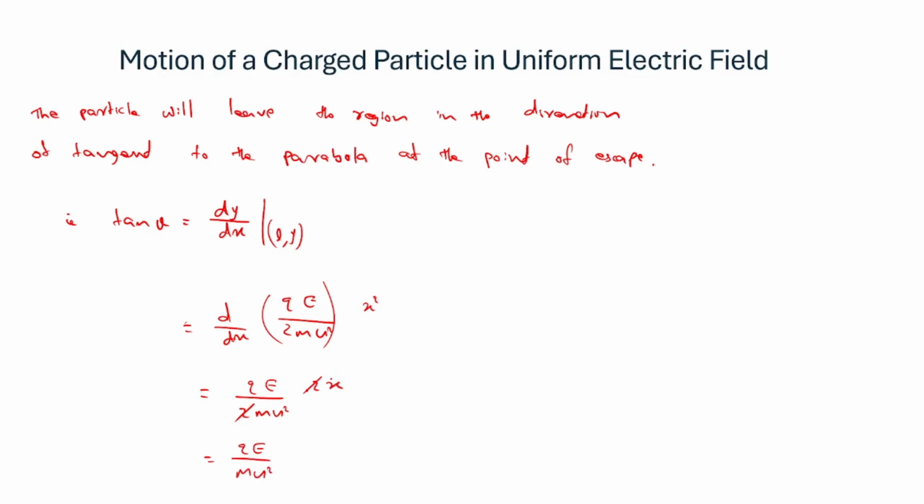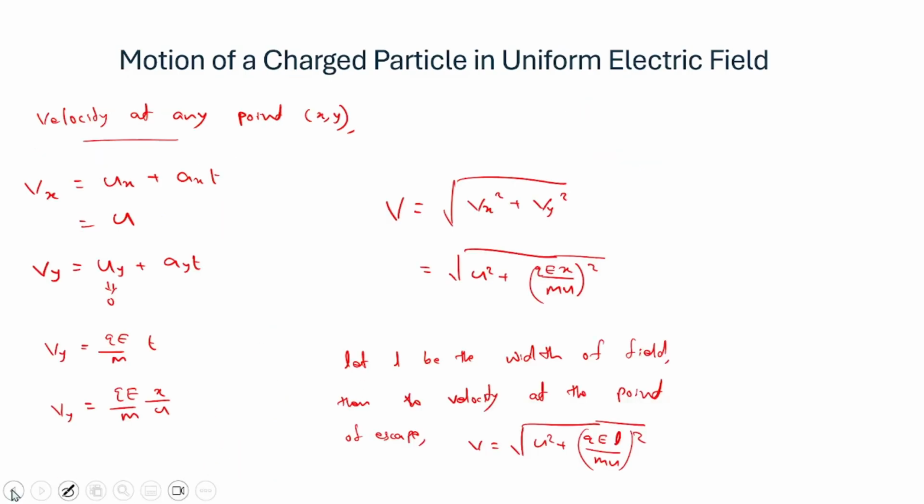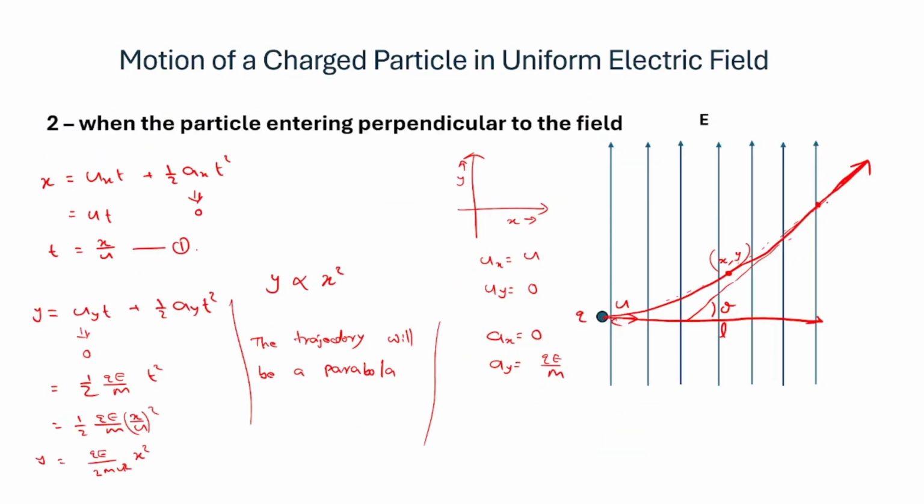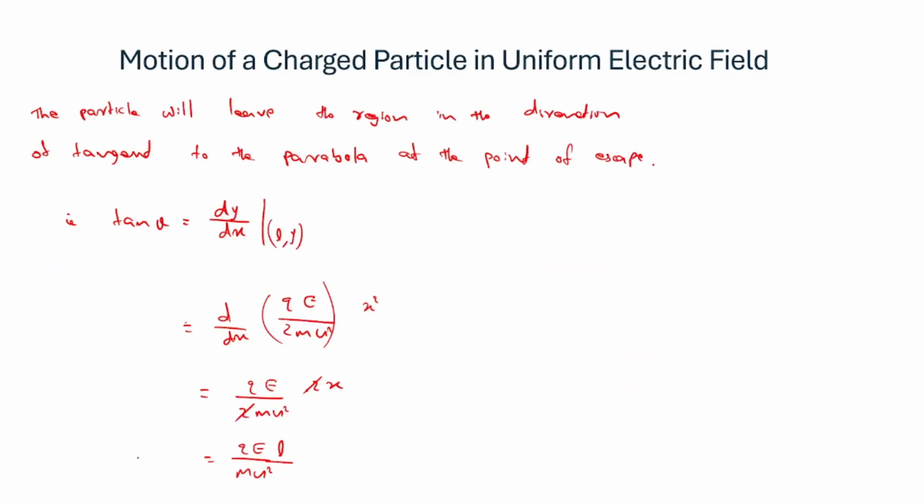But at the point of escape, the x will be L, the width of the field. So this will leave the electric field at an angle theta, which is given by this tan theta.